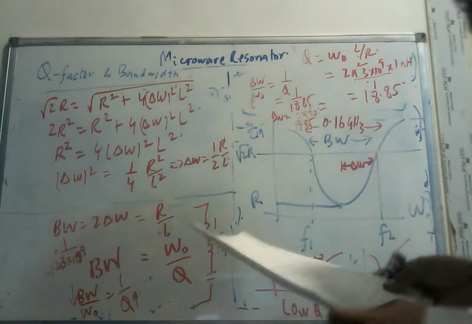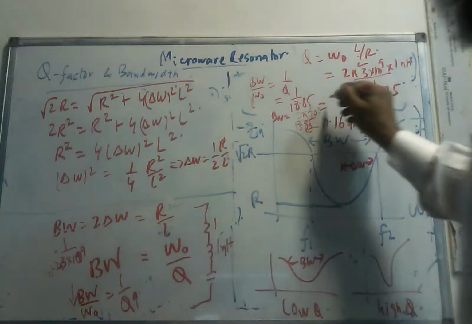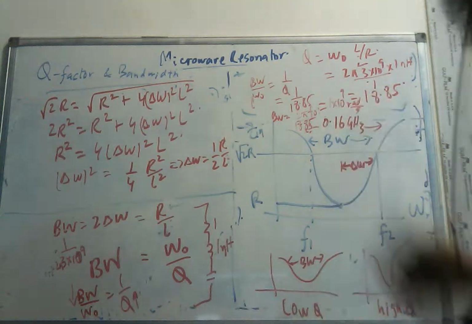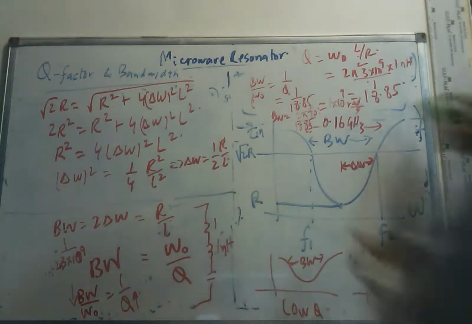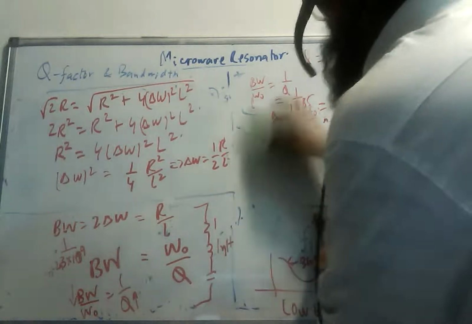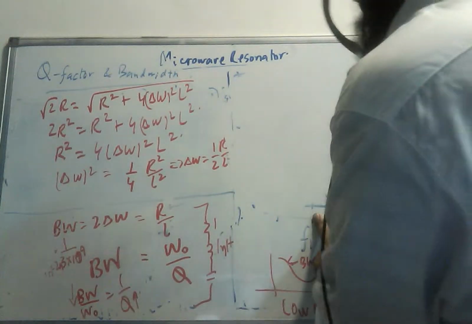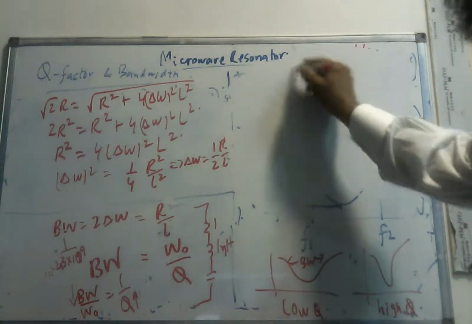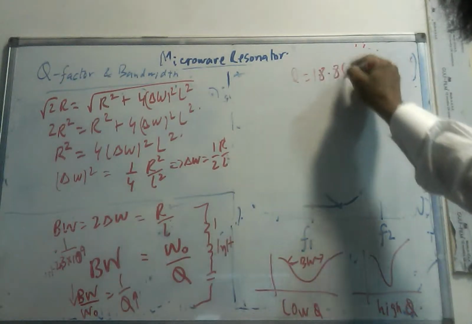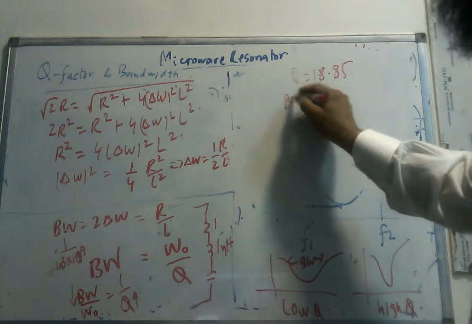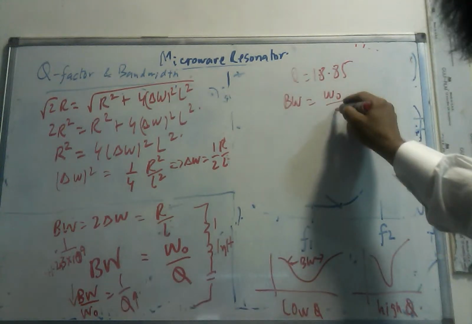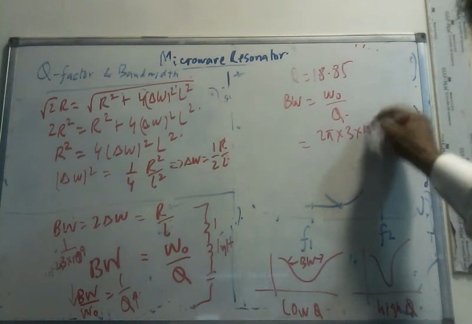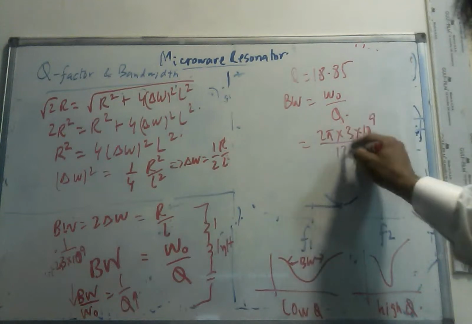So Q equals 18.85, and bandwidth is omega naught divided by Q, that is 2 pi multiplied by 3 multiplied by 10 to the power 9 divided by 18.85.